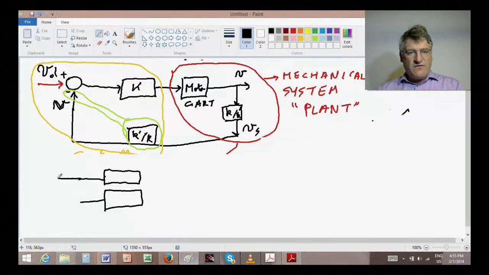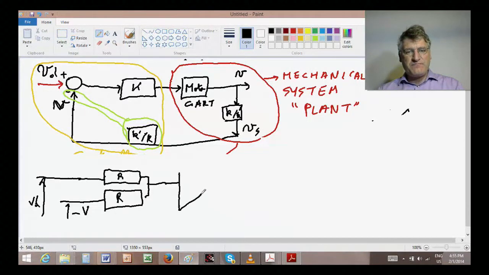So we have, let's say, V desired here and minus V there. We put two resistors here. We link them together to an op amp, minus and plus, sorry, my mistake.